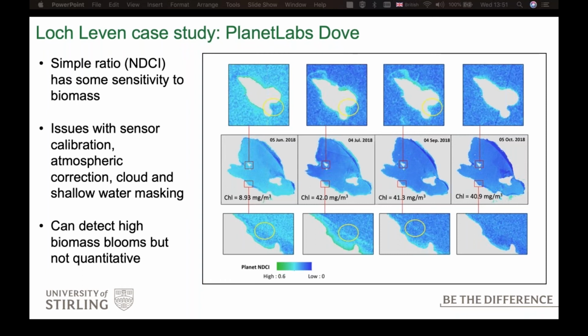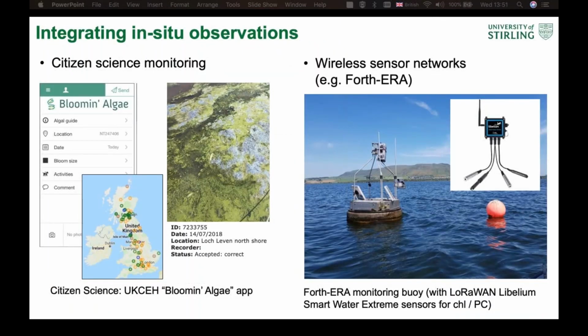We also notice issues with sensor calibration, atmospheric correction, cloud and shallow water masks, which we are working on at the moment, but there is potential in the use of this data for detecting the biomass blooms, but maybe not in a quantitative way.